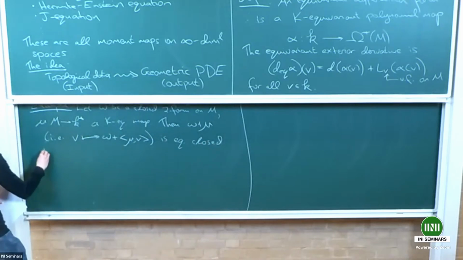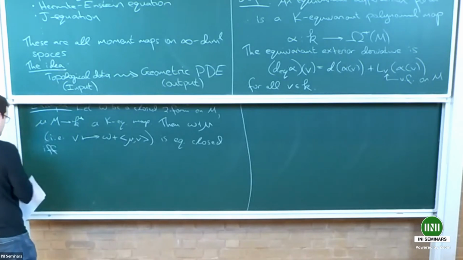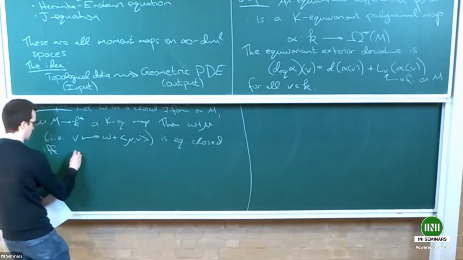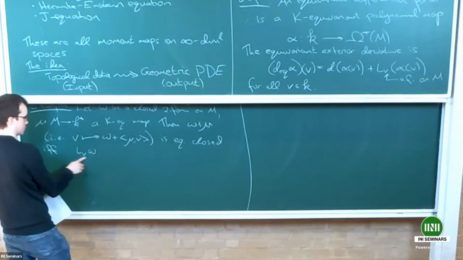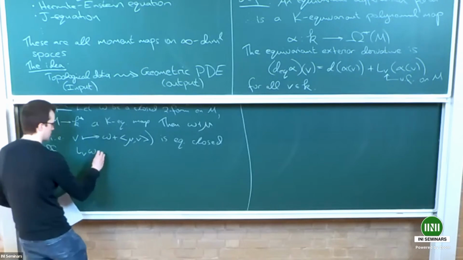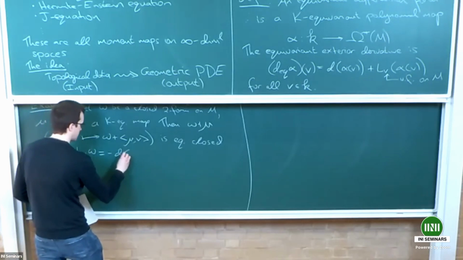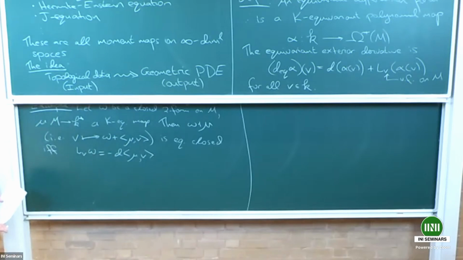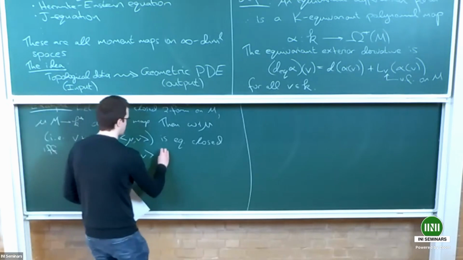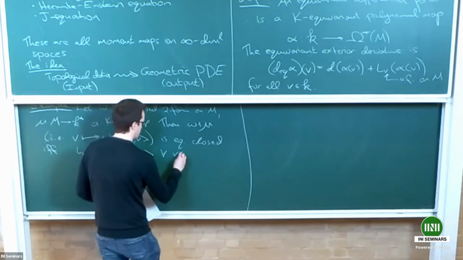if and only if the following holds. The contraction of omega with any vector field generated by the Lie algebra is minus d of the pairing of mu with that element of the Lie algebra. So this is for all v in k.